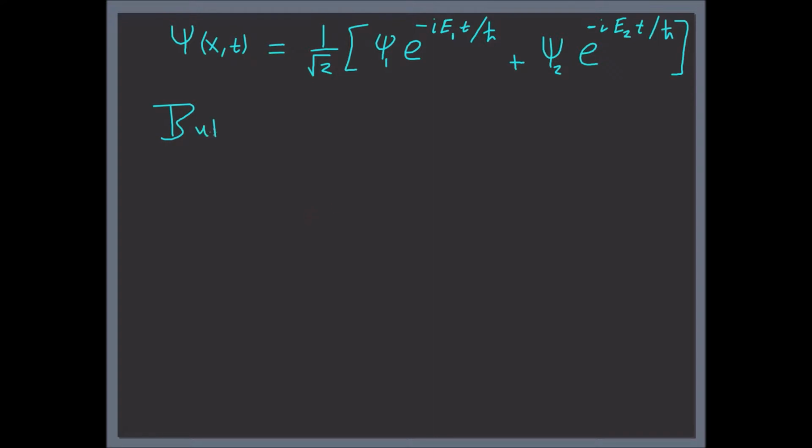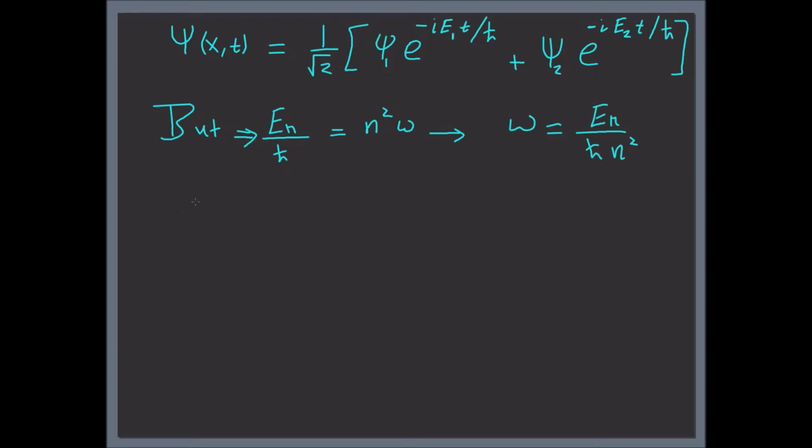But we know that E sub n divided by h bar is equal to n squared times omega. Why? Because I say so? No, because we're gonna define omega to be E sub n divided by h bar n squared. So we're gonna define omega this way.